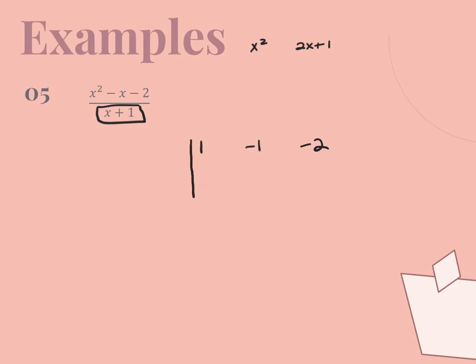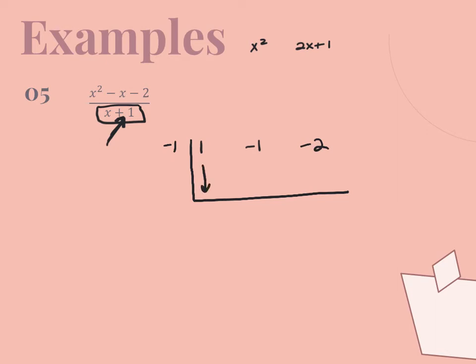Then I draw my long L-shaped box. And I put the opposite of what follows x here on the outside. And this avoids our subtraction step. Now we always add. So we change the sign there so we don't have to change the sign every time. So opposite of what follows x goes on the outside.